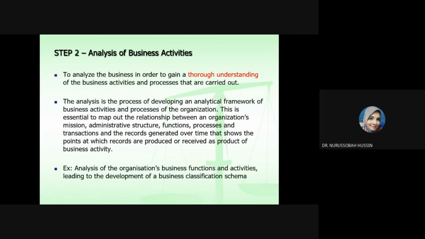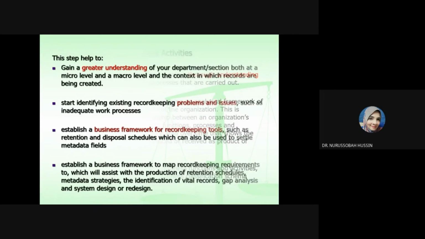In other words, this step helps to gain a greater understanding of our organization or department or section, both at a micro level and a macro level, and the context in which records are being created.